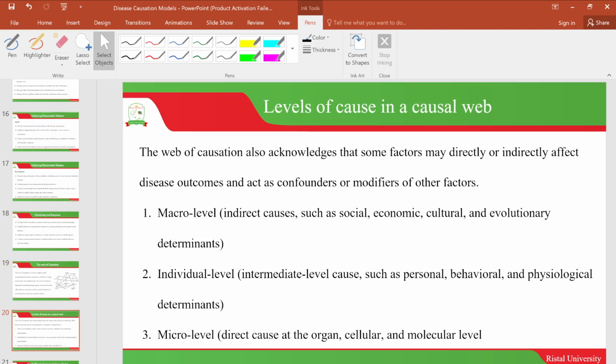So we can break these factors into 3 levels. What we call the micro level. This is to look at what happens in the organs of the systems that are manifesting this disease. So what is happening there? What factors are at play? And then we come to the individual factors.